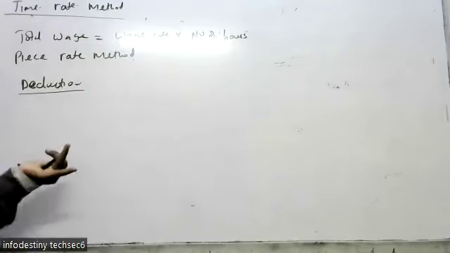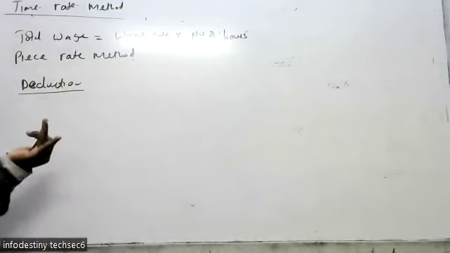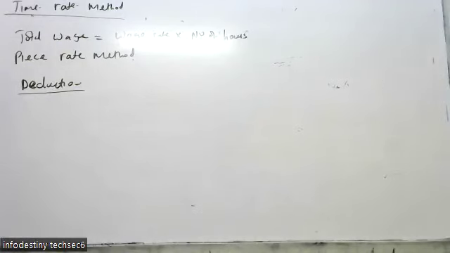So you continue by saying gross wage is obtained by multiplying the number of hours worked with the hourly rate.